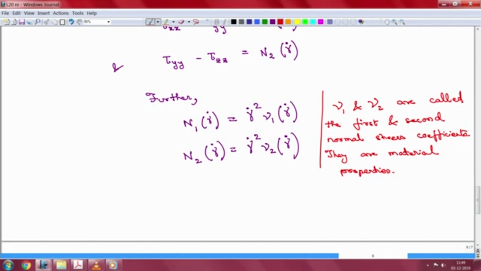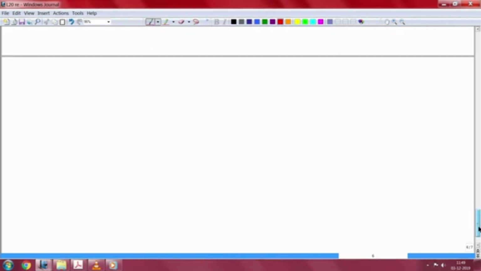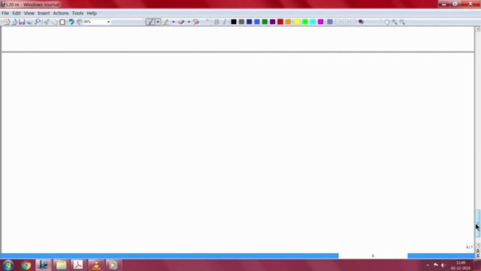So the purpose here was to introduce these two important material functions. Secondly, these normal stress differences lead to very interesting effects in these fluids, and in today's class we are going to discuss a little bit of that.